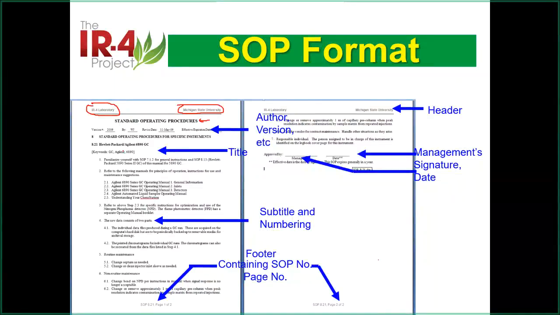So after certain discussions with different people, we decided to use the year as the version. So for example, if today is 2020, we use 2020 for that SOP. So basically, every year we have a new set of SOPs.